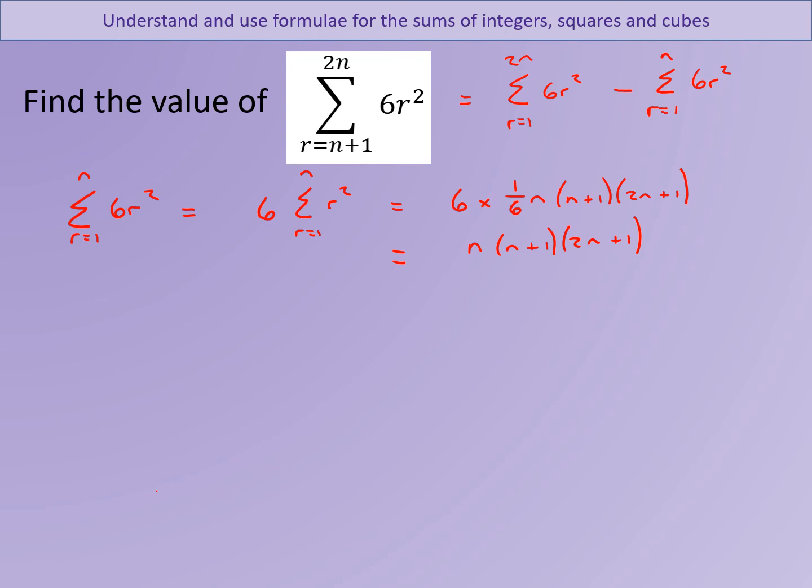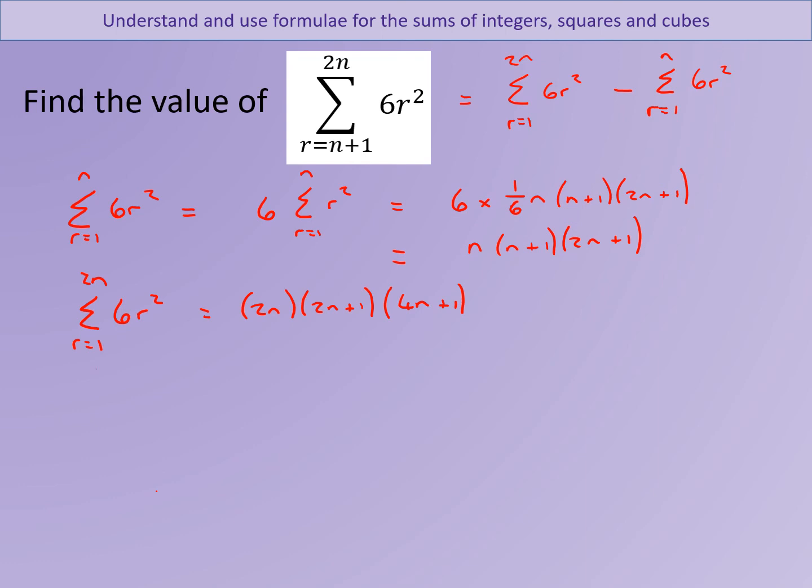Then we use that to find the sum of the terms from 1 to 2n of 6r squared. So we can actually just use the formula that we already found and just replace all the n's with 2n. So if we replace all the n's with 2n from the previous line, we're going to get 2n, 2n plus 1, and then 2 times 2n is 4n, so 4n plus 1.